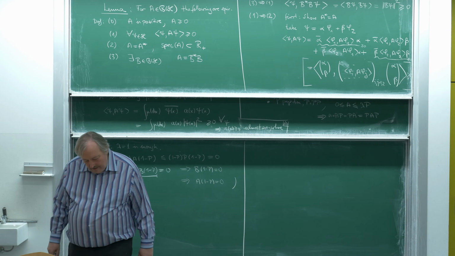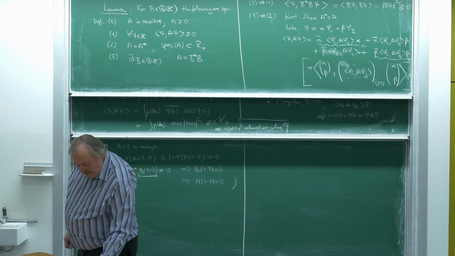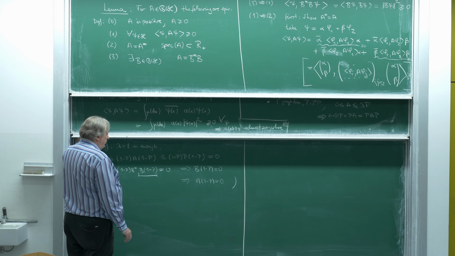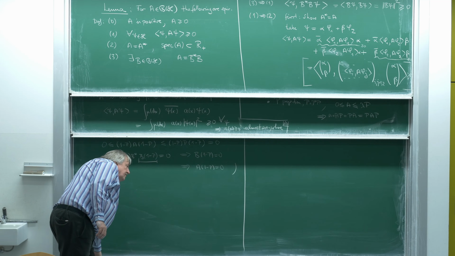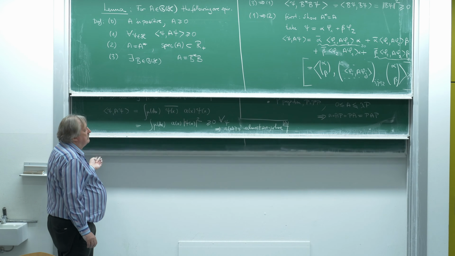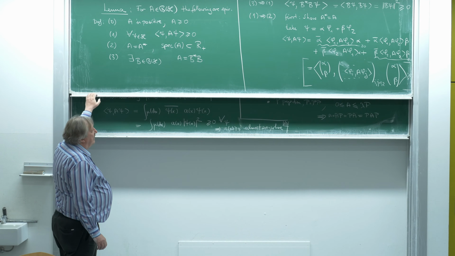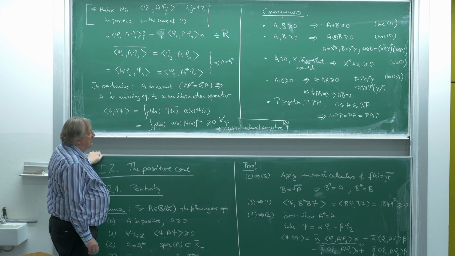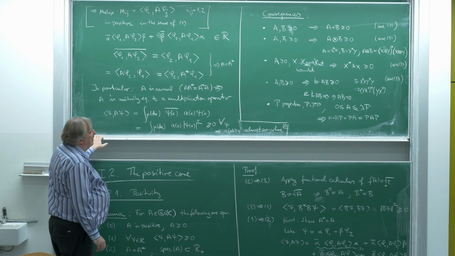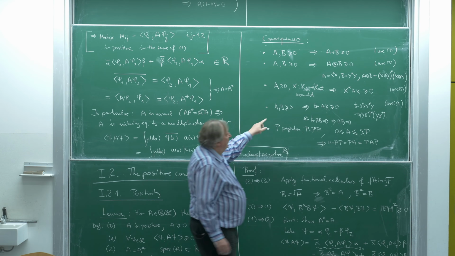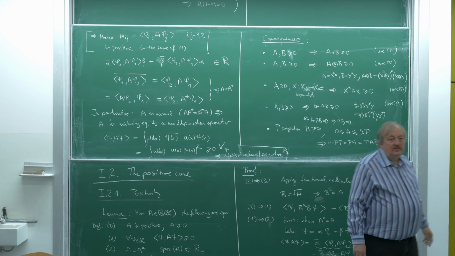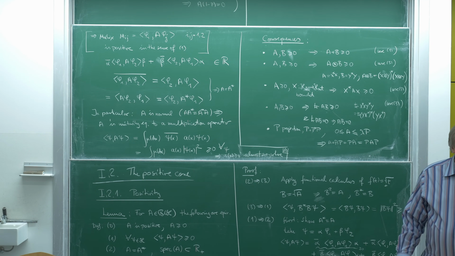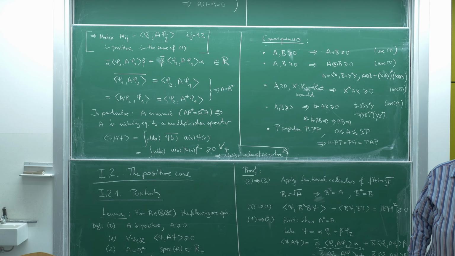Okay. Oh yes, there's one more property that I wanted to mention. It's related to this positivity of traces. So it gives us version number 4, if you wish, for testing positivity. Right?